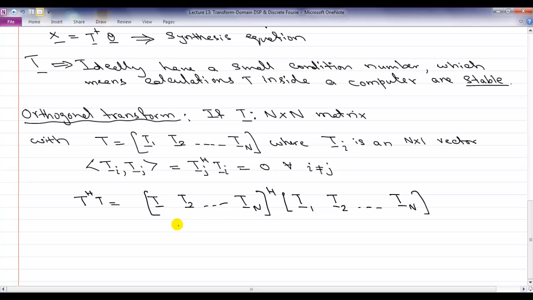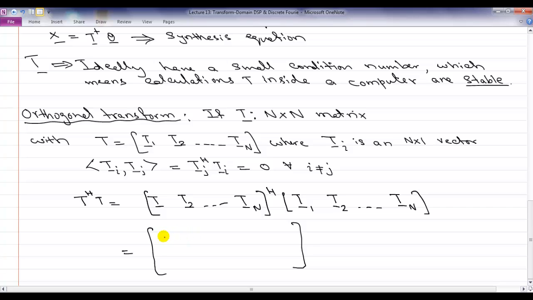So this is an n by n matrix, and this is an n by n matrix. You get T Hermitian T as a matrix where each entry is the inner product of any two columns.